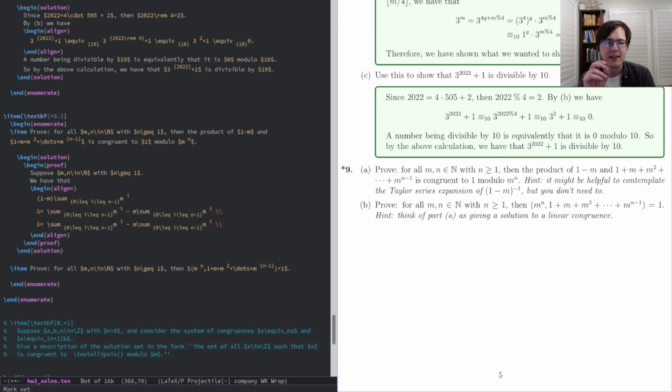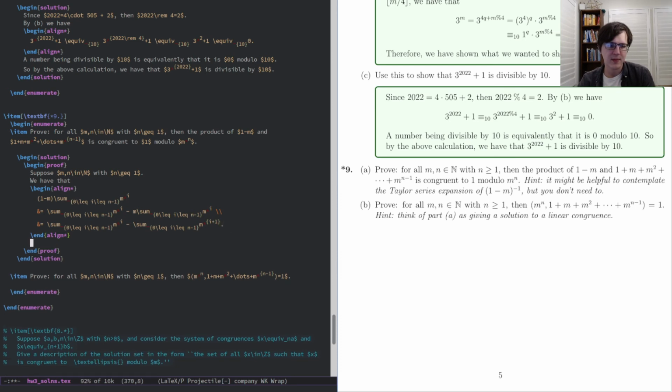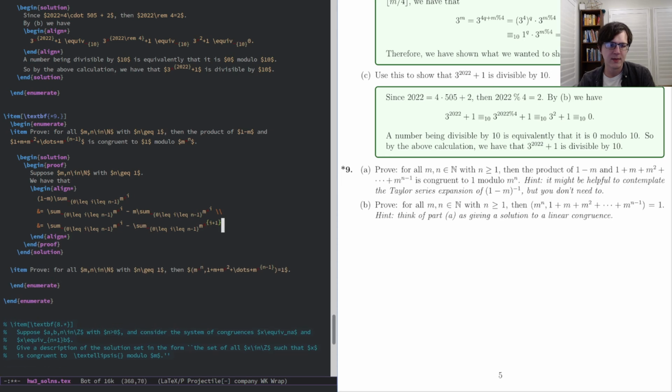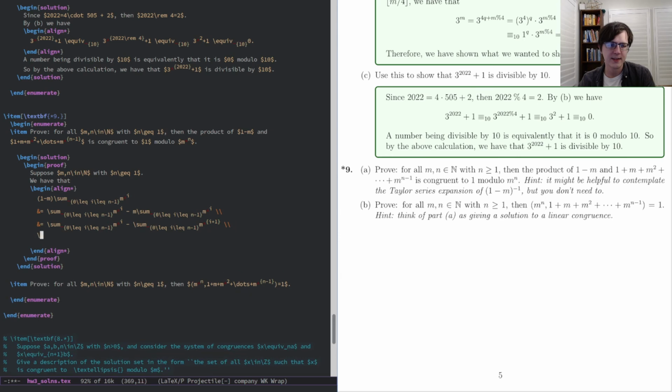there are different ways you can do this manipulation. I'm just doing one way. So I brought the m in. Then let's do an intertext, to put some text between multiple equations.